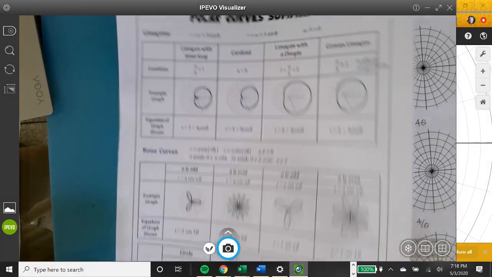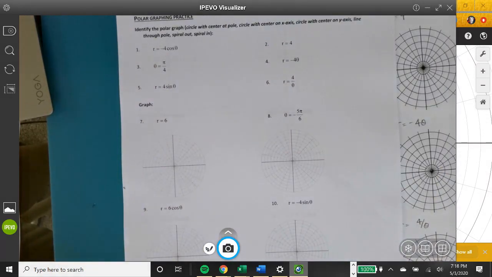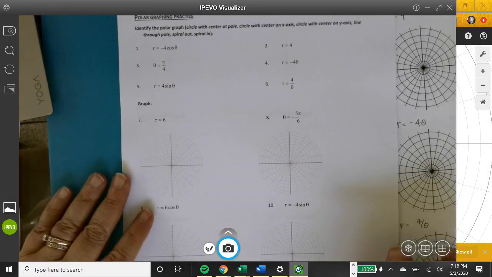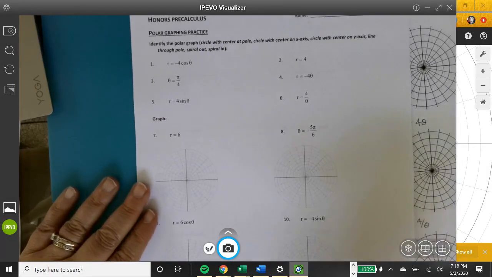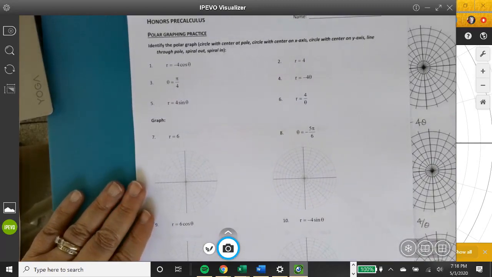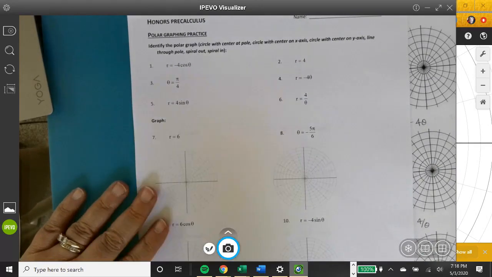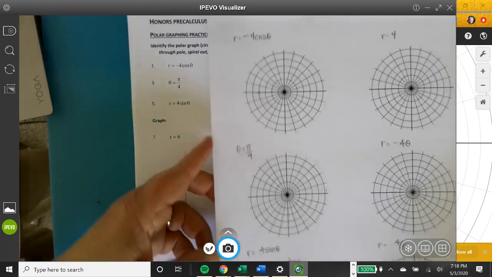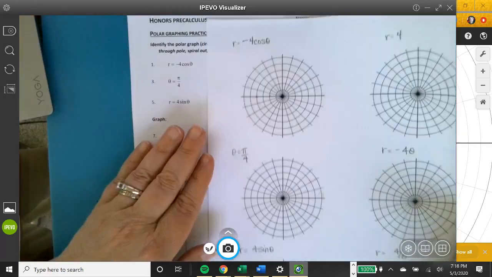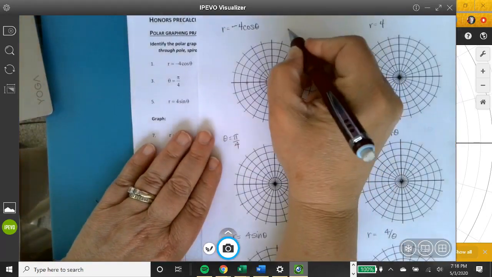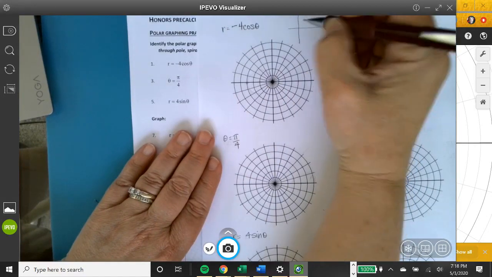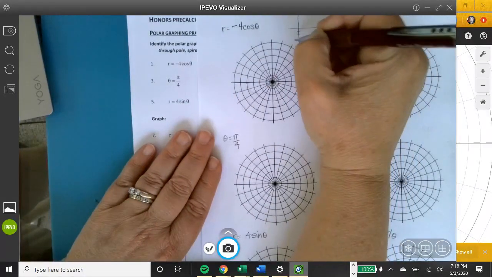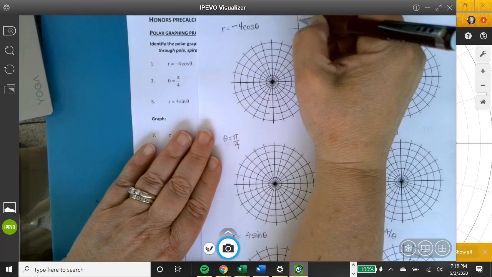All right. So the first problem up on our review sheet is -4 cosine theta. If I were going to graph it on a polar graph, I would say that it is a negative cosine curve, so it's going to start down in amplitude.